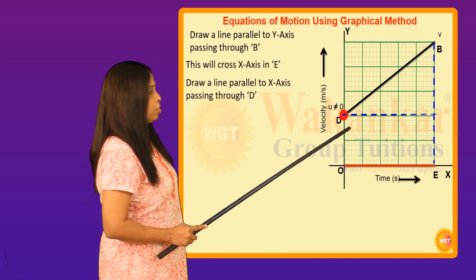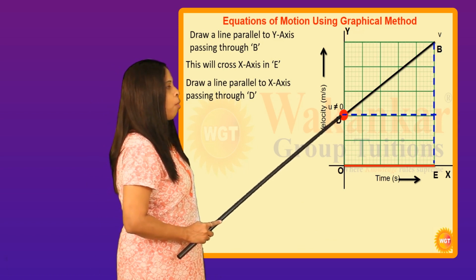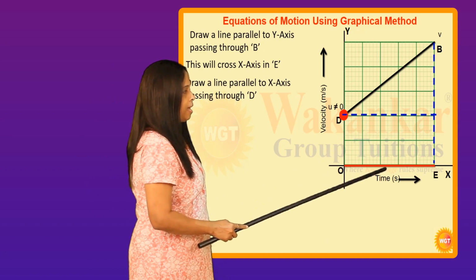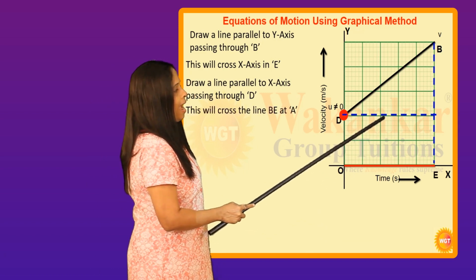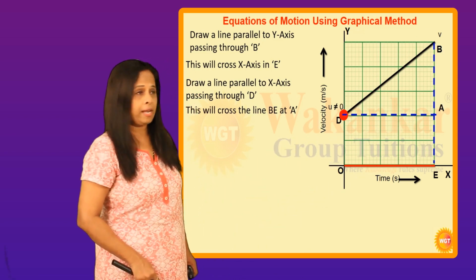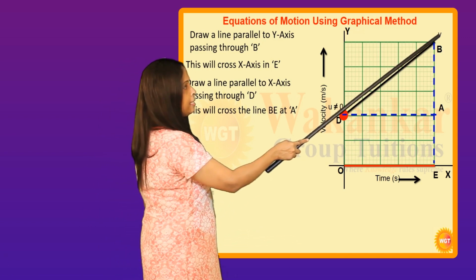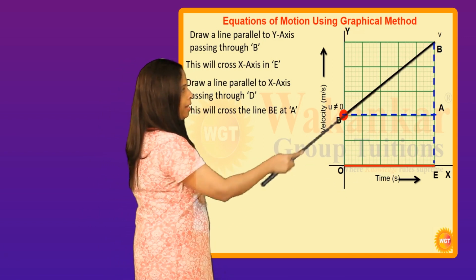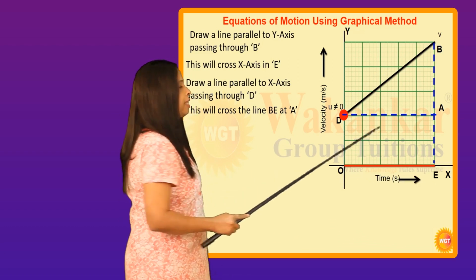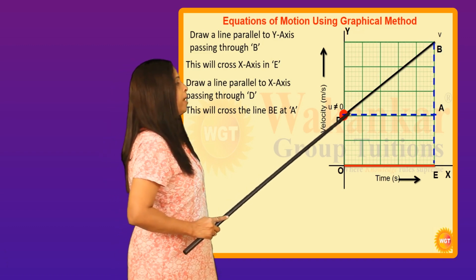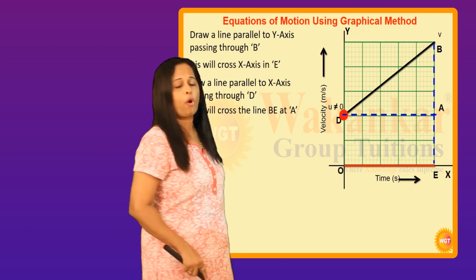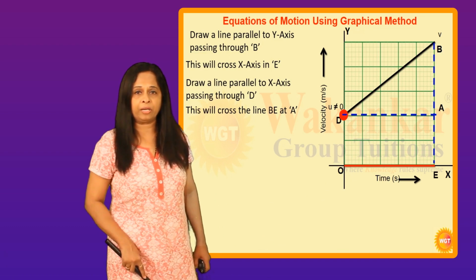Then we will draw one more line starting from point D, which is parallel to the x-axis, and this line touches point A on line BE.